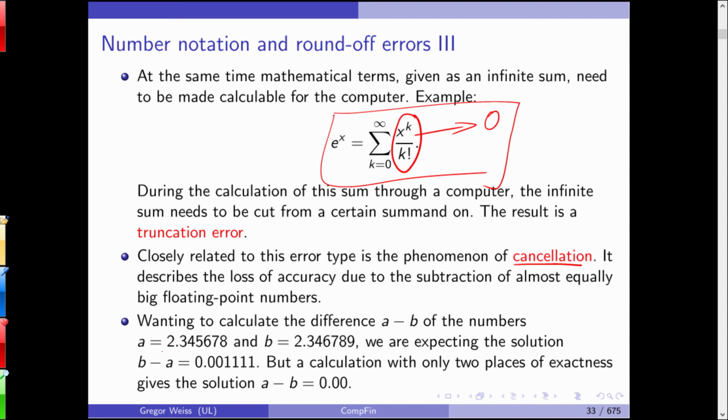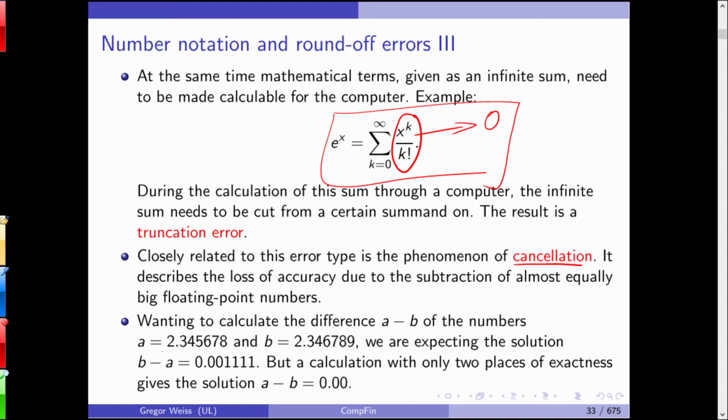Both numbers are almost of the same size. If we calculate B minus A, we get 0.001111. And you can see, if you only calculate with 2 decimal places, you get a result of 0.00, so 0.